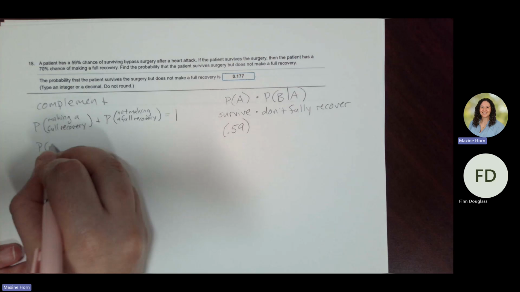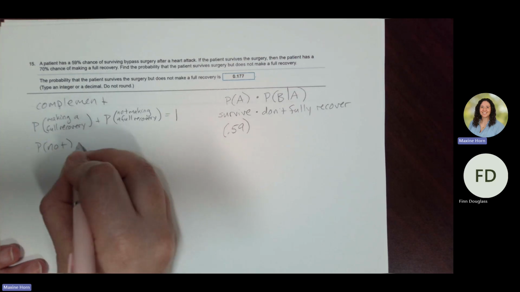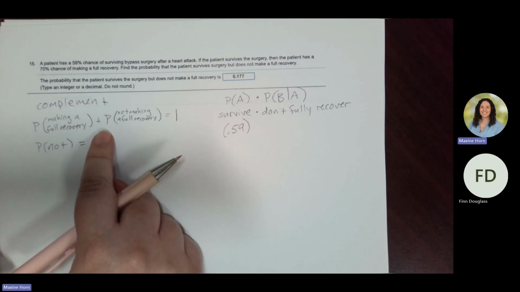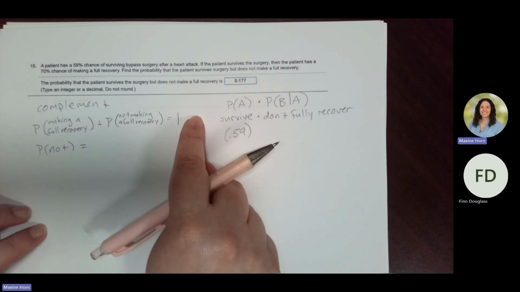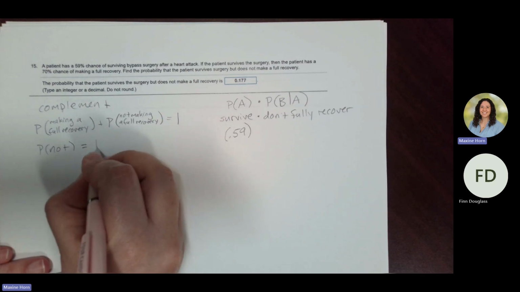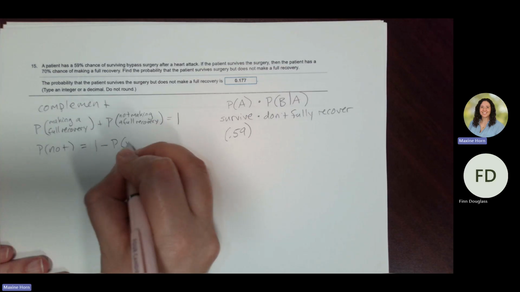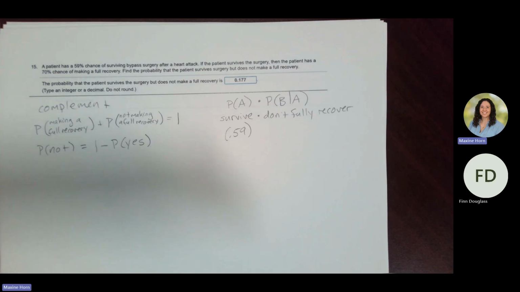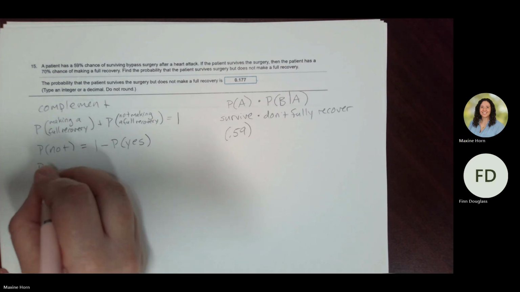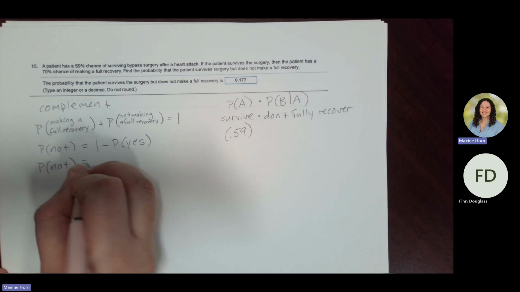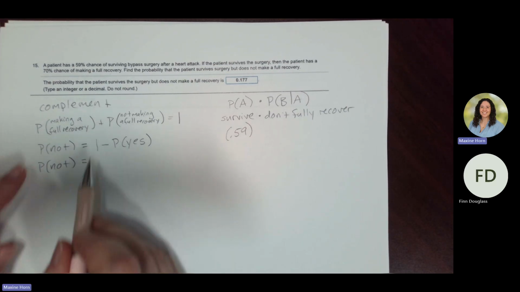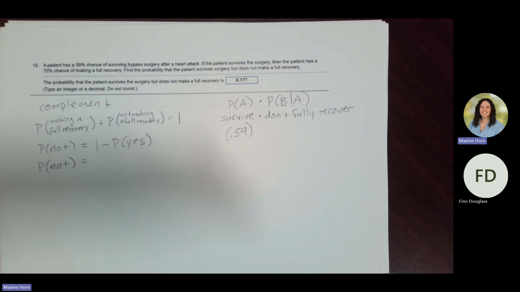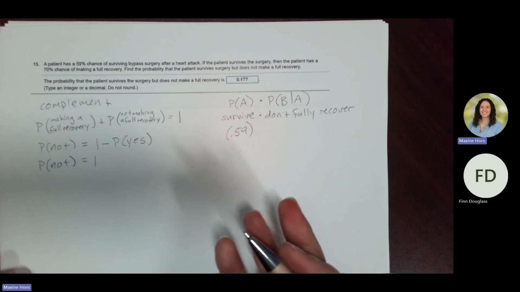If we were to get this by itself, we could subtract it to the other side. You can look at it lots of different ways, but just subtract the probability of yes from 1 to get the other one. Don't feel like you have to make it complicated and write the formulas out. I'm just showing you why you're allowed to do this math.